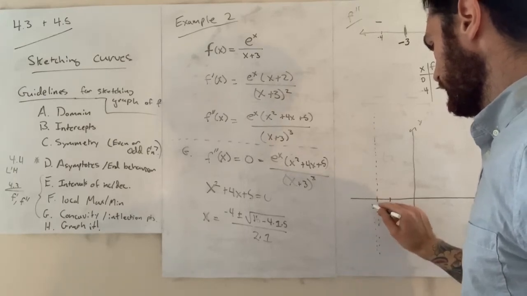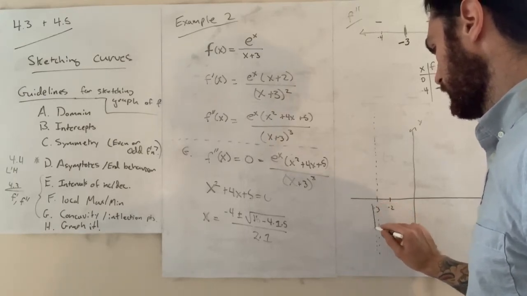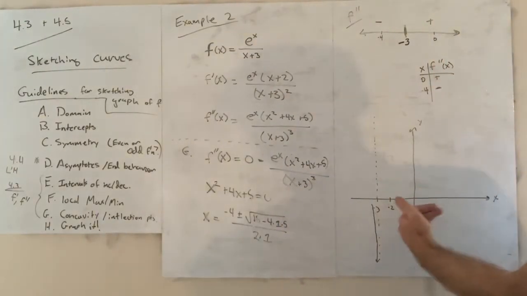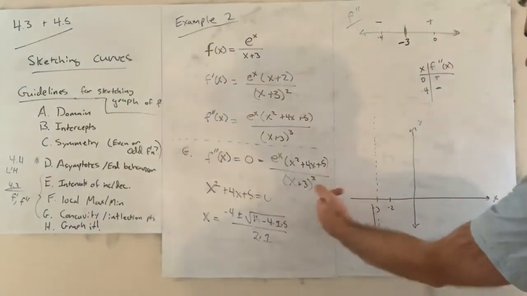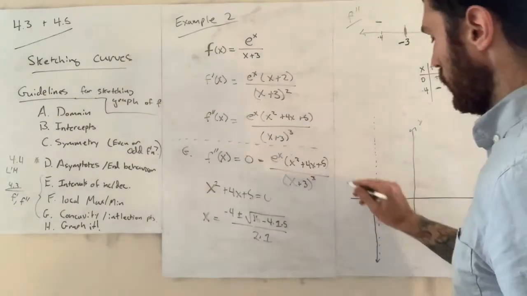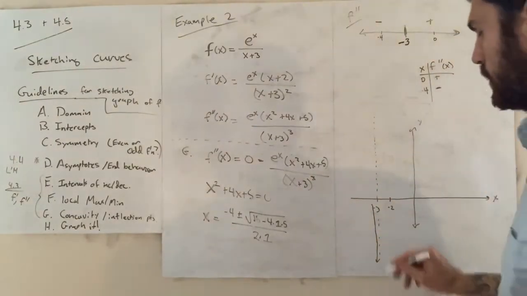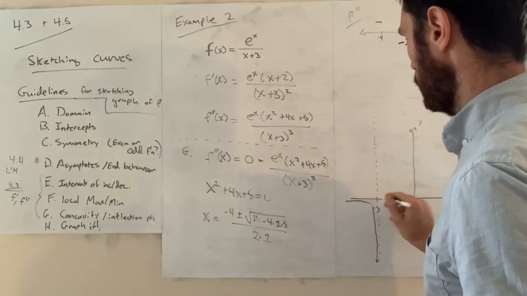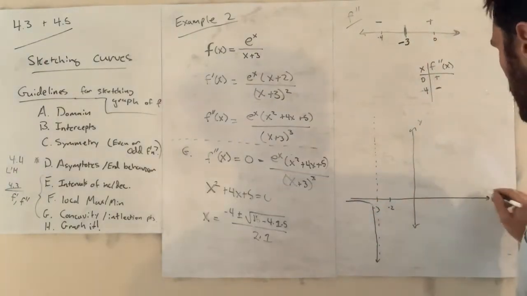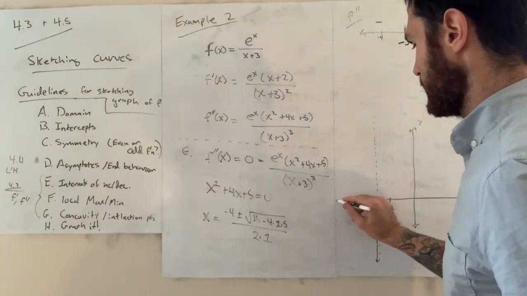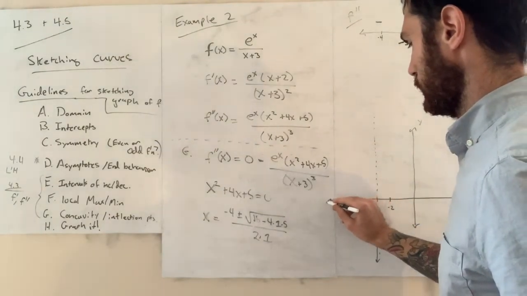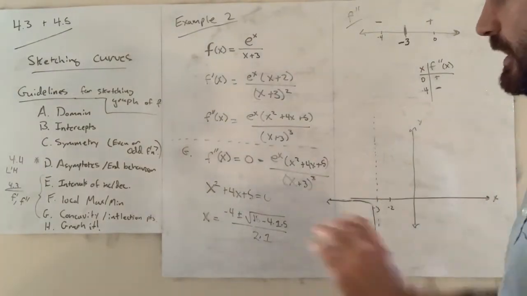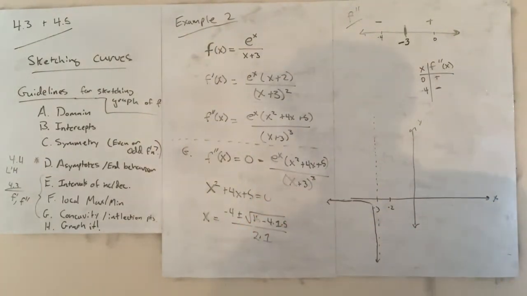So the function is going to look like this. That also tells you that it's decreasing on that. As x keeps moving to the right, we know that the function is getting smaller and smaller. We also know that the end behavior was that it gets closer and closer to 0. That means it's getting closer and closer to the x-axis. So it looks like that. All right, so that's what happens to the left of negative 3. We're going to come in like that.